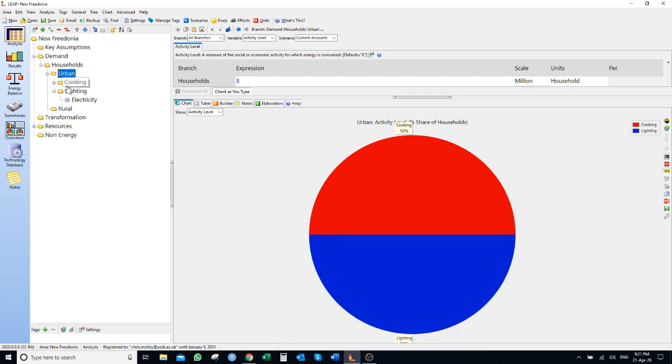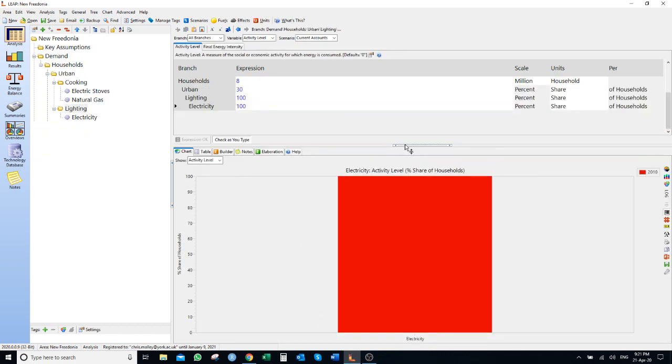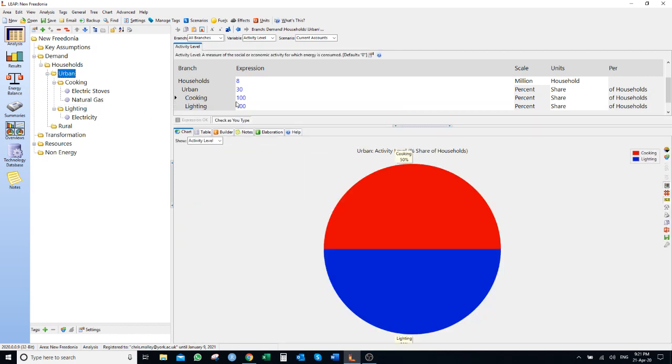Now notice here that in my urban households I have cooking and I have lighting, and it says percent share here. The percent share divides different activities into the percentage of households that do one and the percentage of households that do another, and it expects them to add up to 100%.